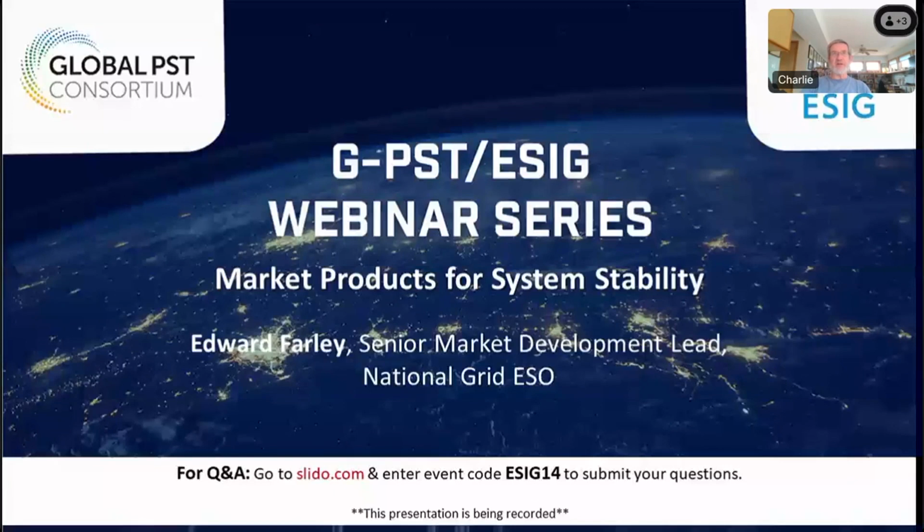I also serve in a leadership role with the Global Power System Transformation Consortium, or G-PST, whose mission is to bring together key actors across the globe to catalyze a rapid, clean energy transition at unprecedented scale and speed. This is being done by providing a coordinated and holistic approach to the necessary knowledge, education, and support to power system operators across the 5 action pillars.